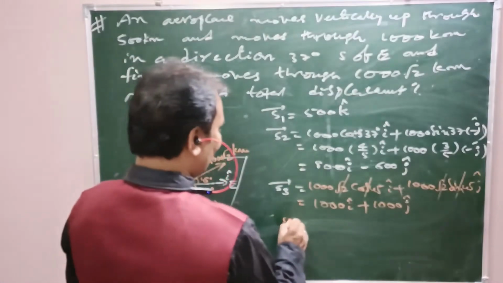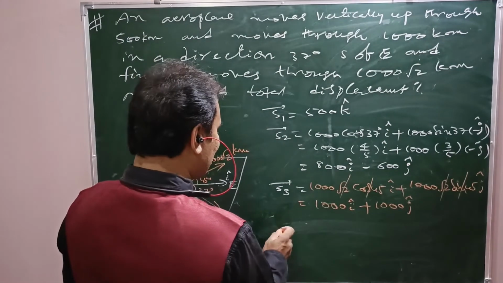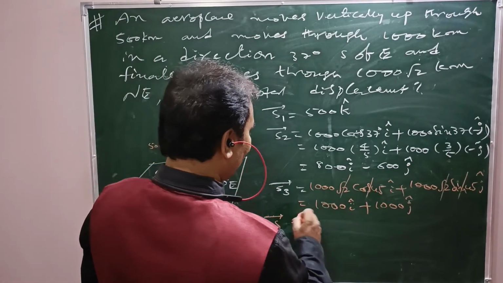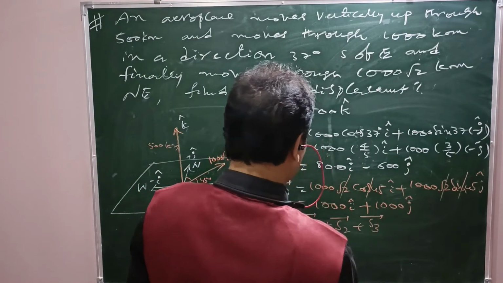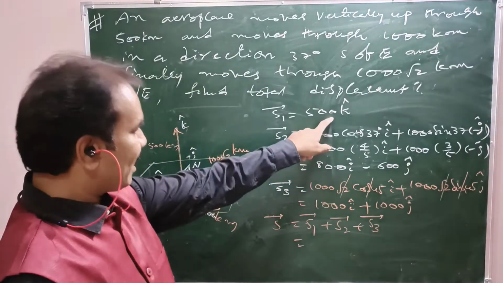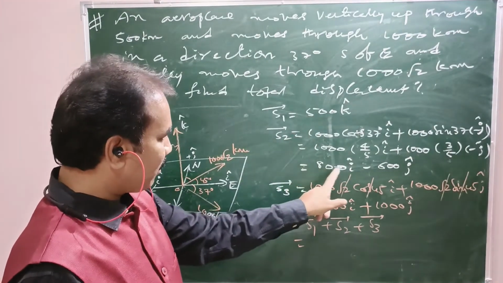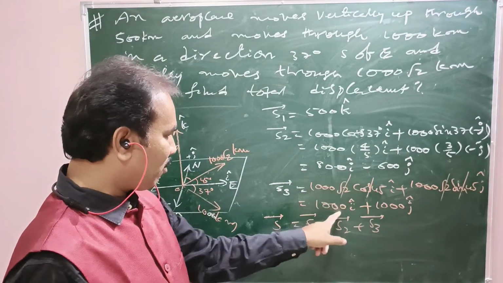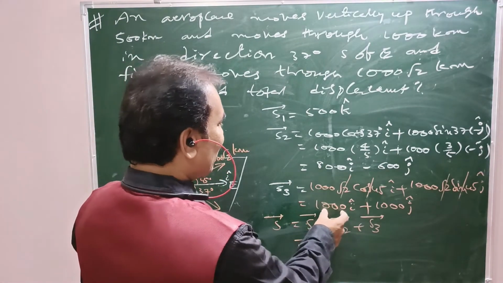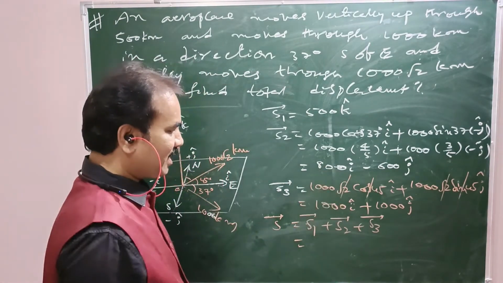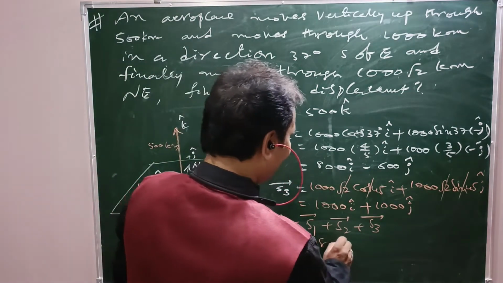Therefore, S3 bar equals this. What is the total displacement? S bar equals S1 bar plus S2 bar plus S3 bar. That is S1 bar with k cap, S2 bar with both i and j, S3 bar with both i and j. First add all i components: 1000 i plus 800 i, that is 1800 i.